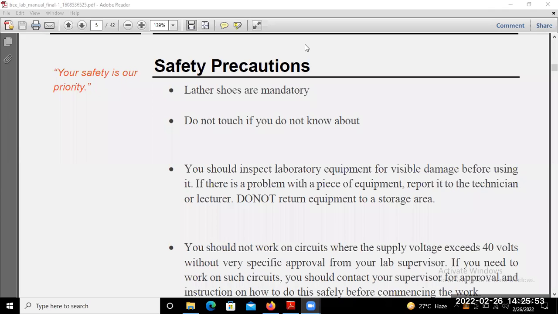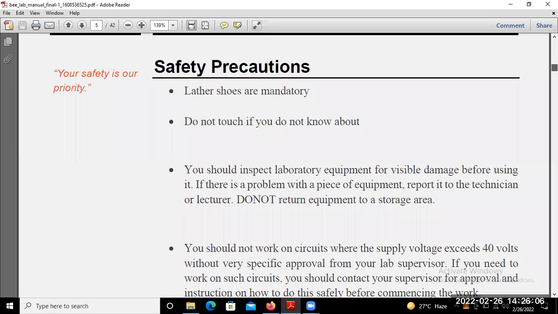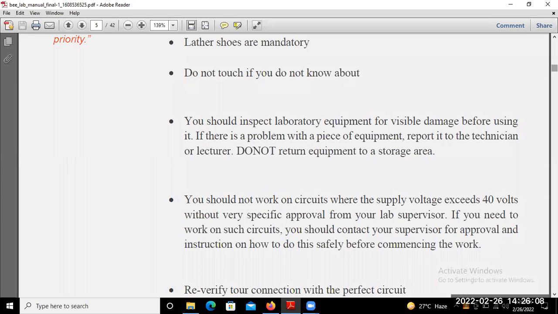Before that, you should physically inspect the instrument, motor, or transformer. Next, you should not work on a circuit where the supply voltage exists, that means 40 volts or above, until you have specific approval from your lab supervisor.